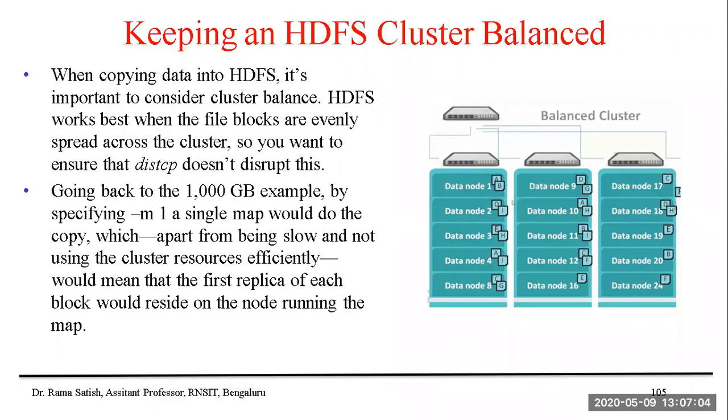Map is a function that is actually working. So if you specify map is equal to 1, what happens? Only one map function, that means only one program is running, taking all 1000 GB of data and storing it according to the instructions from the name node. So only one person is doing it.